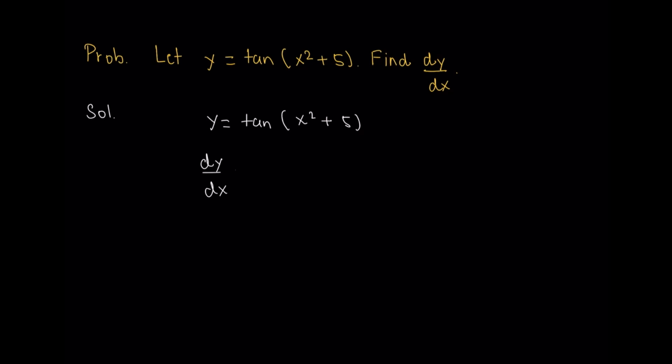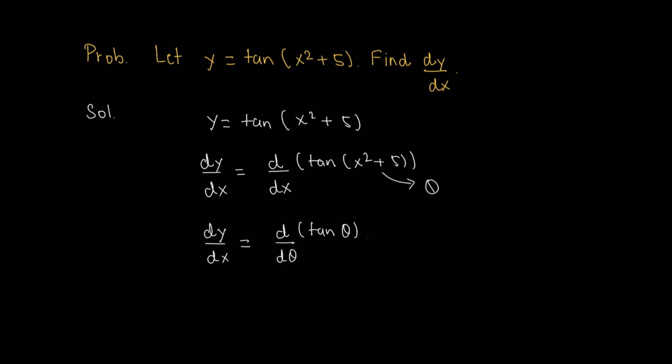I want to calculate dy upon dx, which is d upon dx of tan of x squared plus 5. Let x squared plus 5 be theta. So I can write d upon d theta of tan theta multiplied by d theta by dx. We don't know the derivative of tan theta, so first let's find the derivative of tan theta, and after that put that expression into its place here and solve the rest of it.